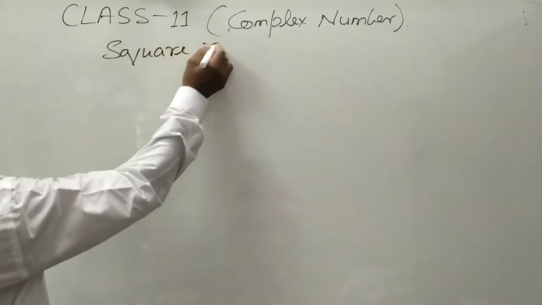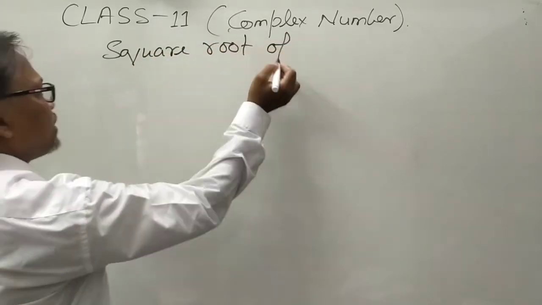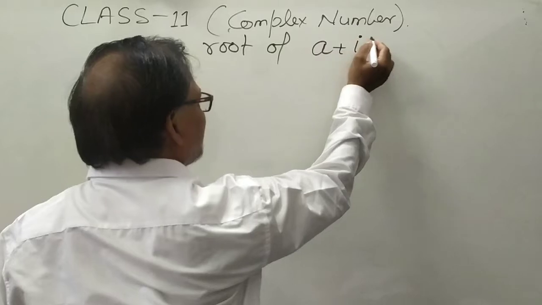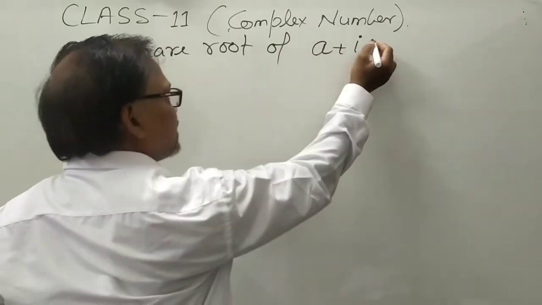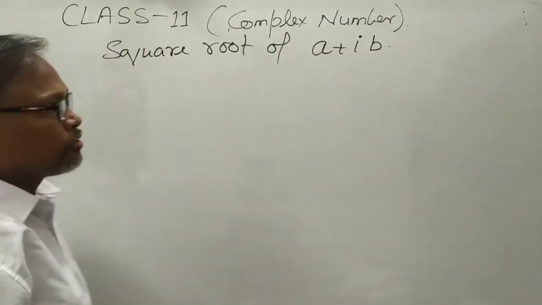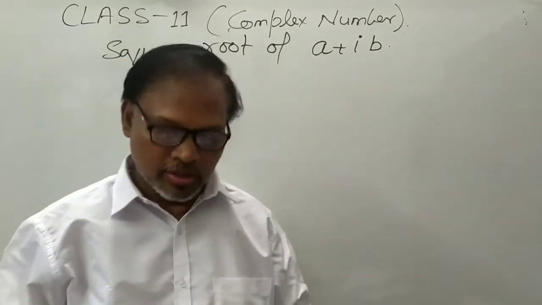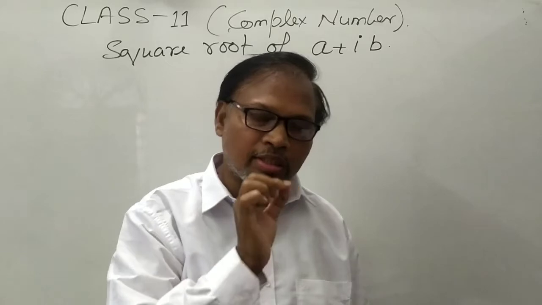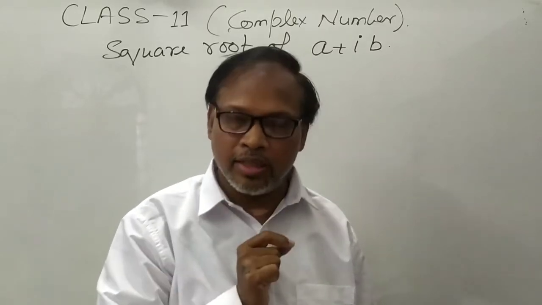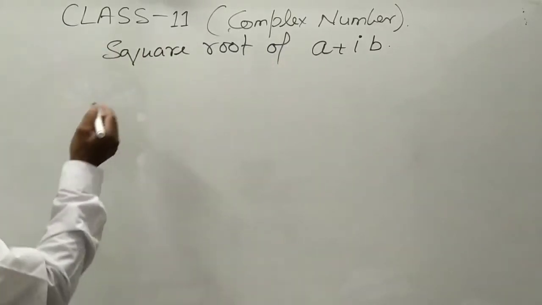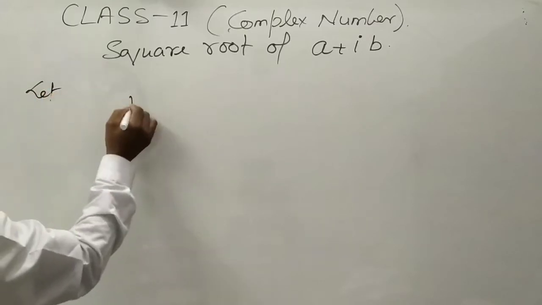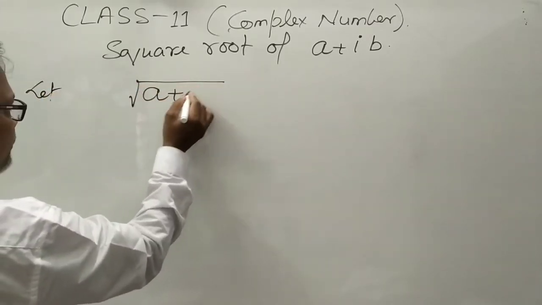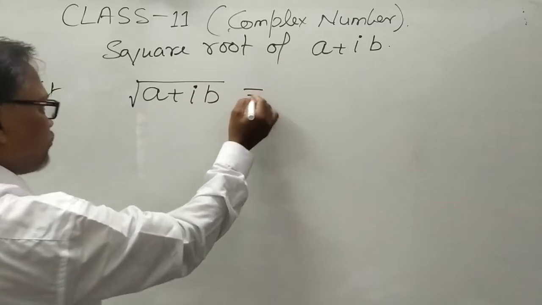How to find the square root of a plus ib, or you can say x plus iy, whichever you take, of this complex number? If you have the complex number a plus ib, what will be the square root? Let under root a plus ib be equal to something.